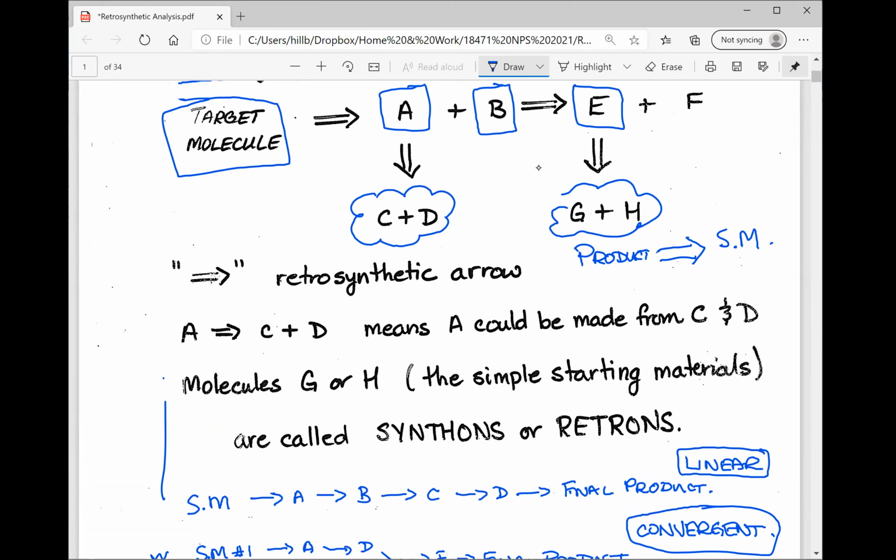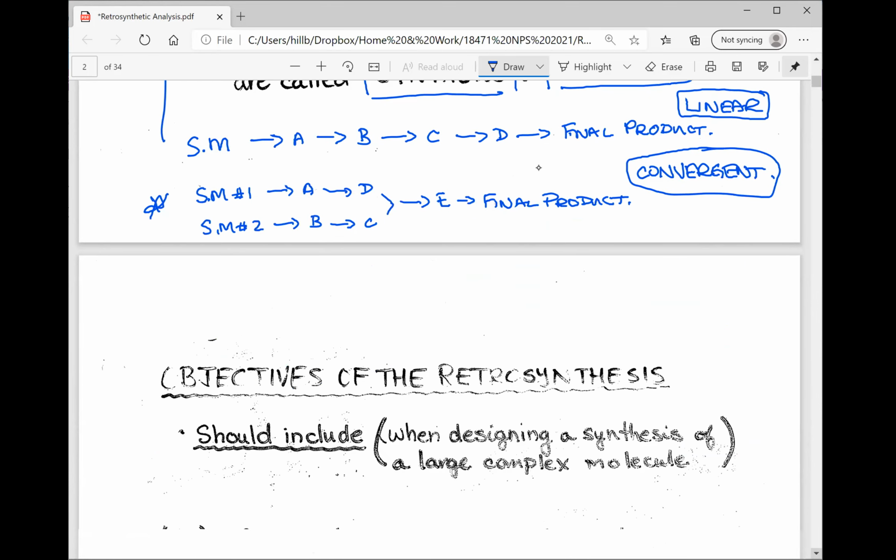So these simple starting materials, depending upon who's writing the textbook, you would either call those synthons or retrons. I think synthons is the more modern version of this. So that's just a little classification.